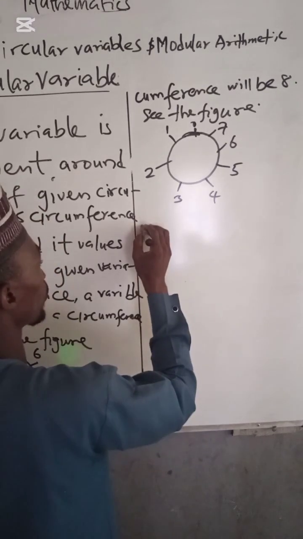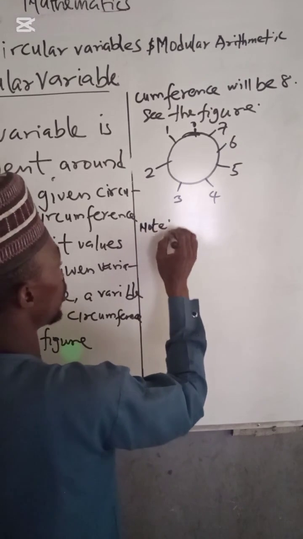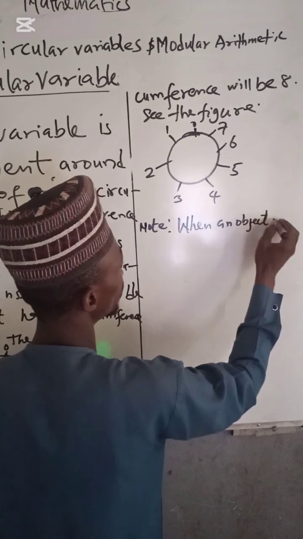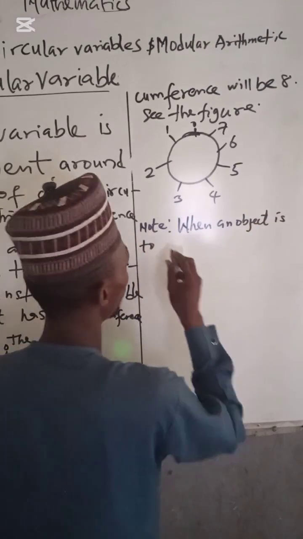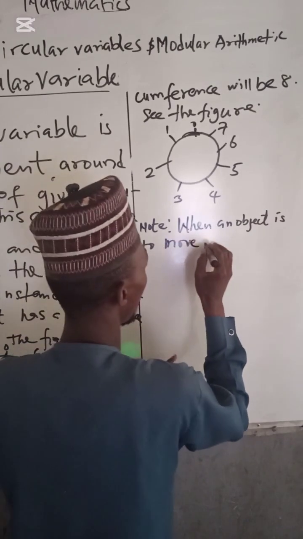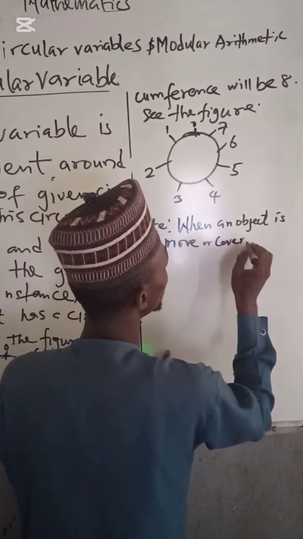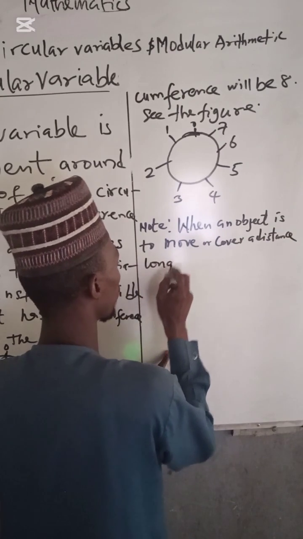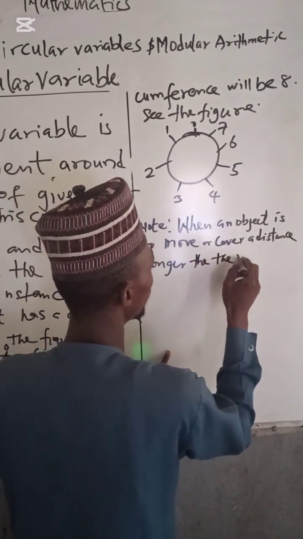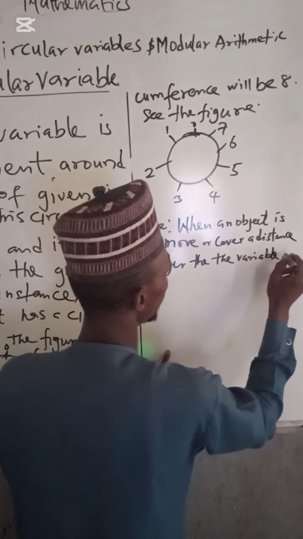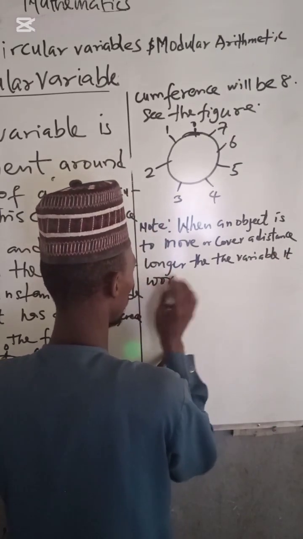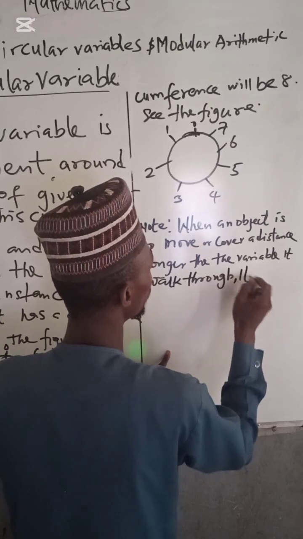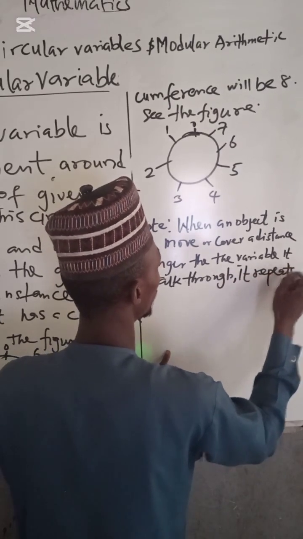Note, when an object is to move or cover a distance longer than the variable it walks through, it repeats the movement.